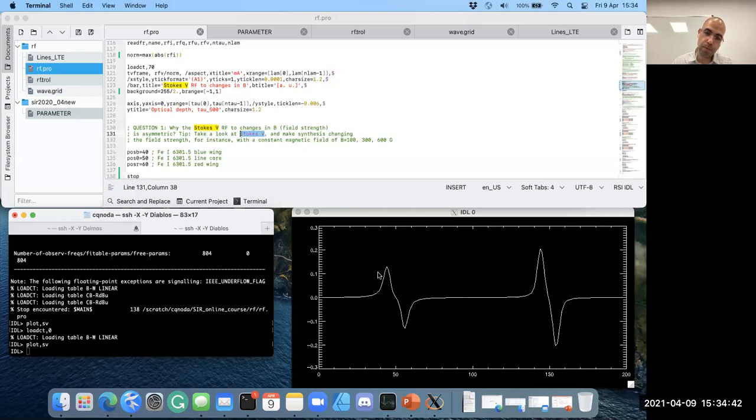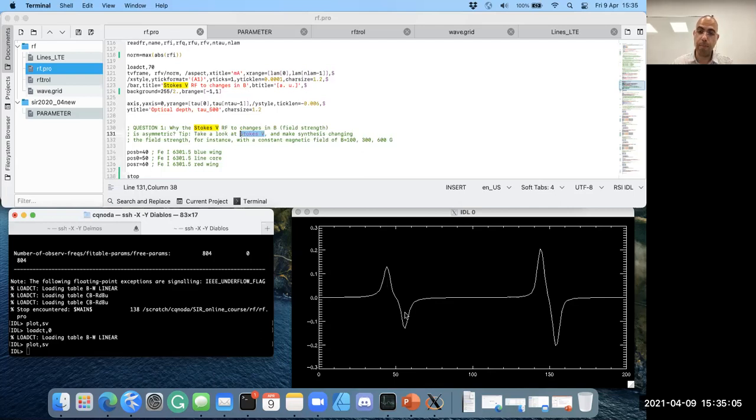But this means that this lobe is more positive, and this one, larger in absolute value, is more negative. So essentially what we are seeing in the response function is that increasing the magnetic field will increase this one and make this one more negative, and decreasing the magnetic field will make this one lower, so less positive, and this one less negative.